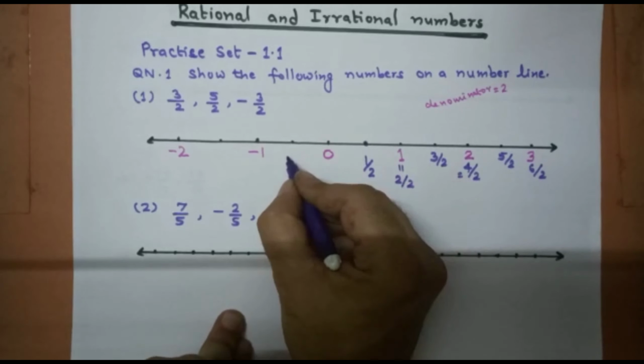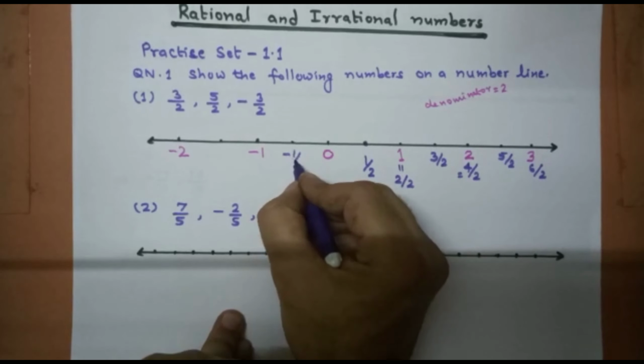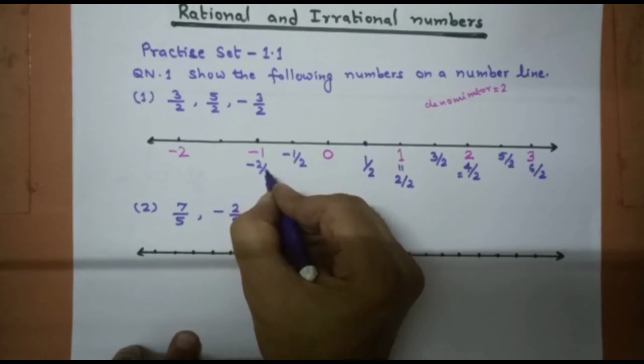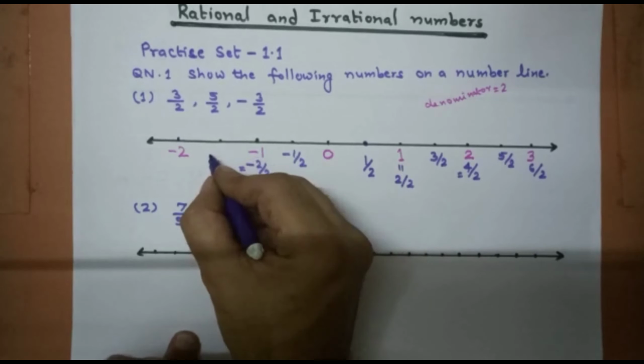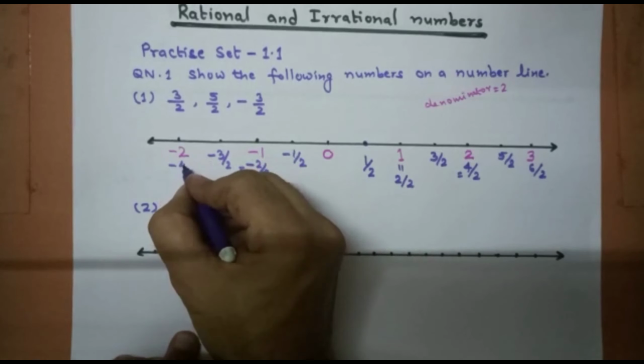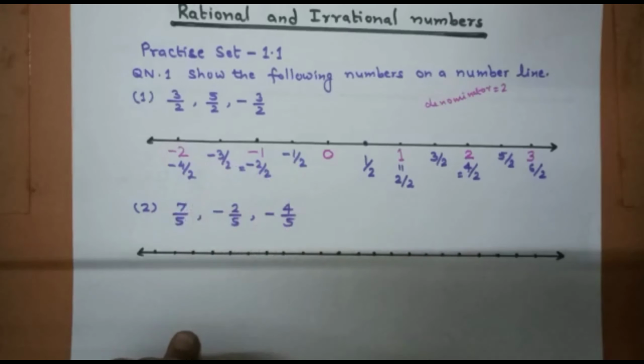Same on this side: minus 1 upon 2, minus 2 upon 2, which is equal to minus 1, minus 3 upon 2, and then minus 4 upon 2.